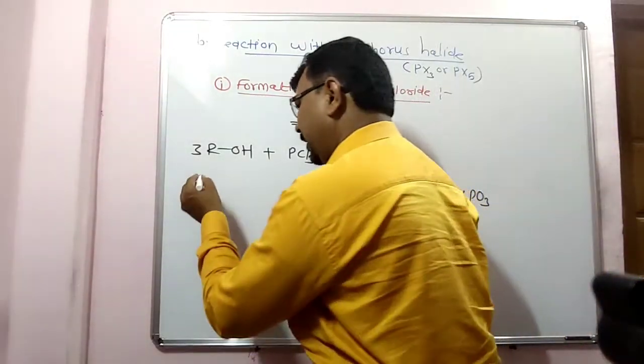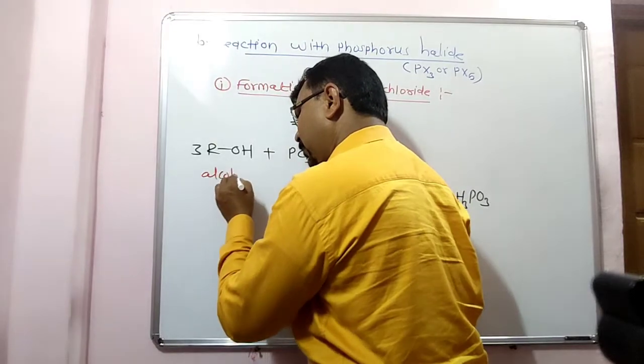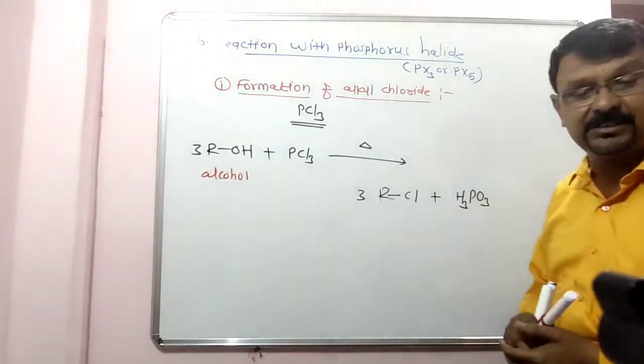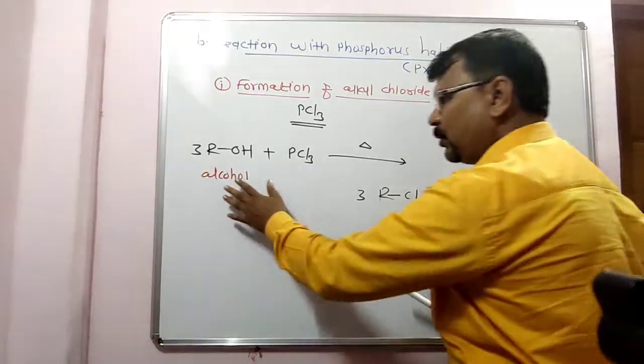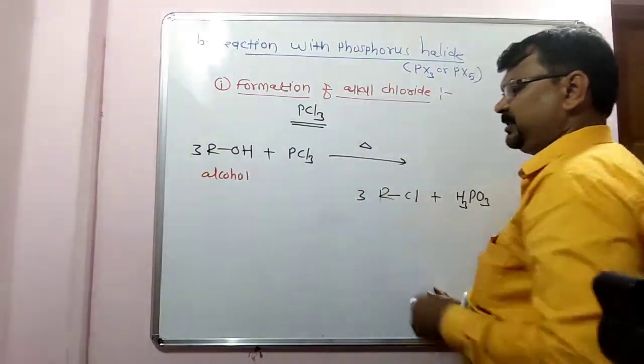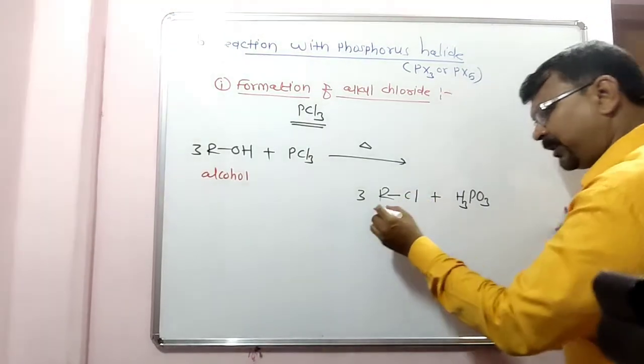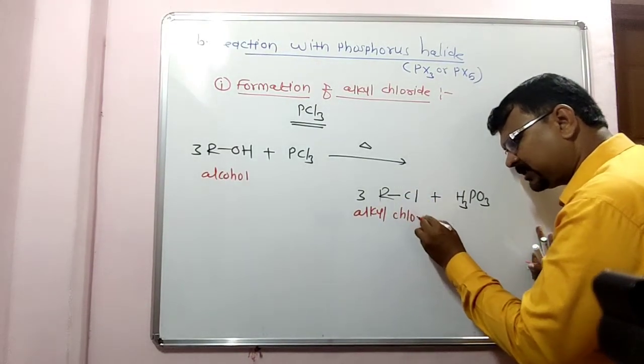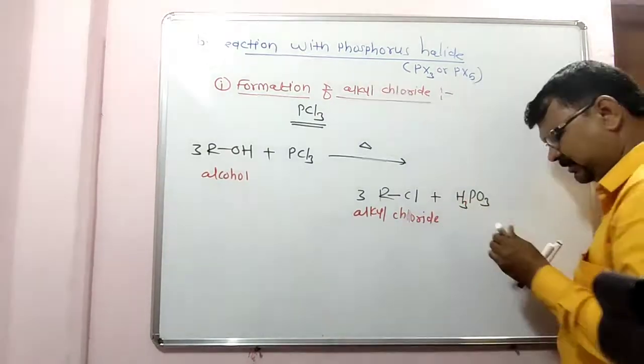Name of the compound here? Alcohol. When alcohol is heated with phosphorus trichloride, it gives the corresponding alkyl chloride.